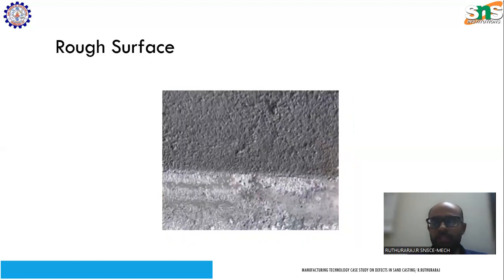So the rough surface occurs when there is not a smooth surface of the mold. This can be prevented by providing a smooth layer of sand over the pattern so that the surface of the mold is smooth. If the surface of the mold is smooth, then automatically the output casting surface will also be smooth.